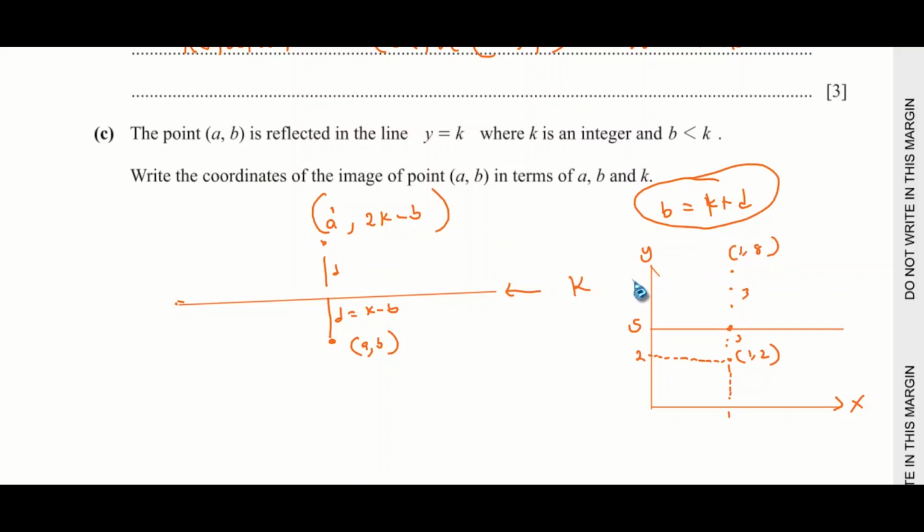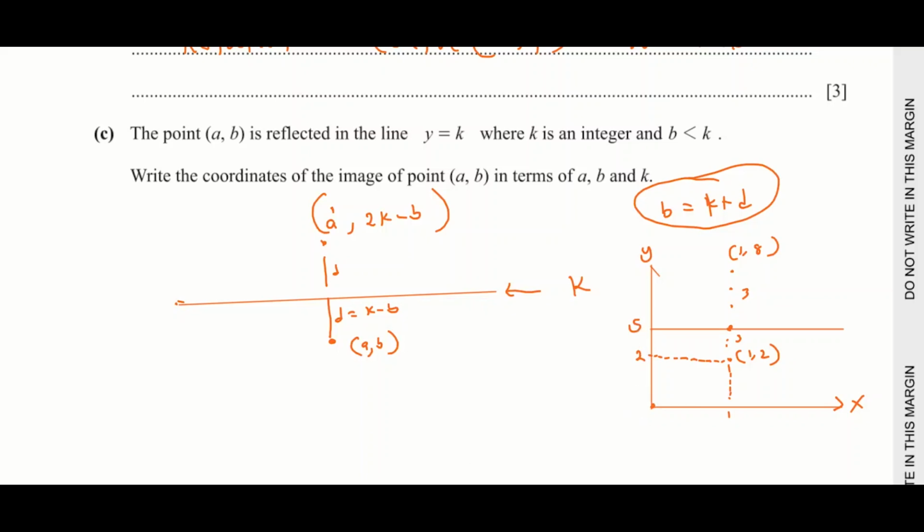Now for the distance from the x-axis, that is from here to here, between this and this, if you double it, let's say it is 2k, because k is from 0 to 5. That is k.